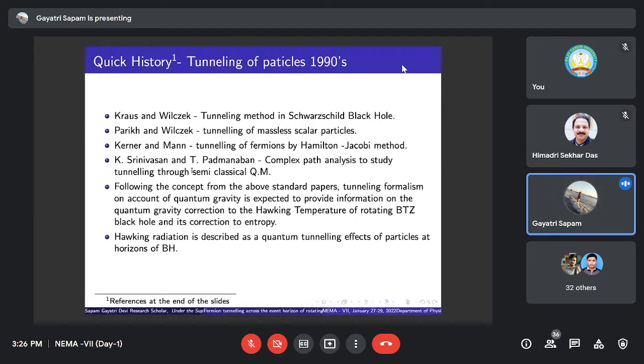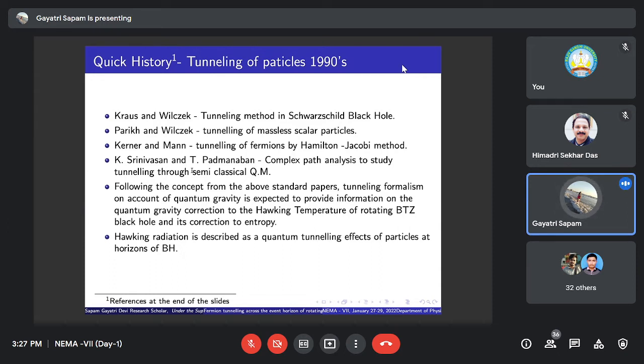While trying to move out, it will tunnel across the event horizon, and here the horizon plays the role of the barrier. If the particle that tunnels across the horizon comes out with positive energy, then it can stably exist in the universe, and that is what we see as radiation from the black hole.